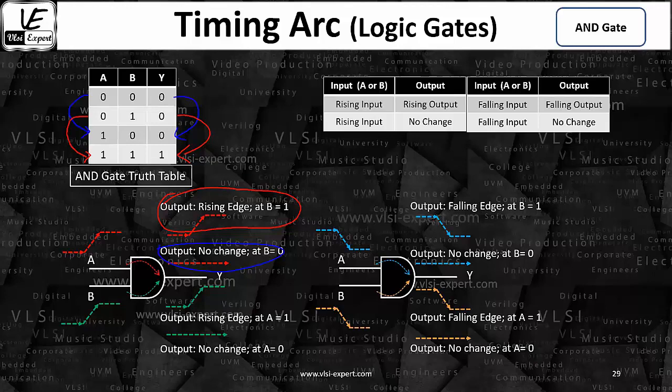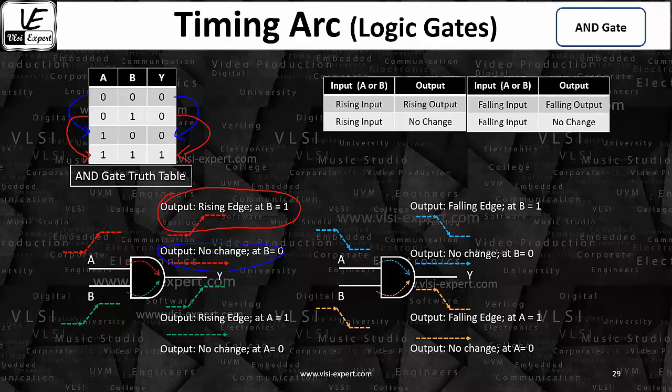If I ignore this no change, where you are applying certain changes at A and getting no change at Y, because in that scenario we cannot do any analysis.